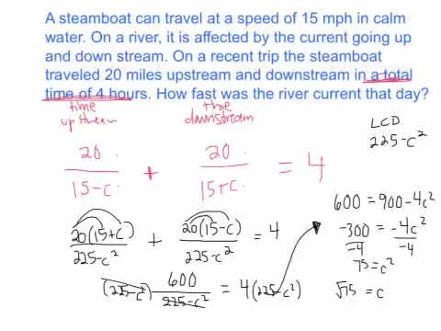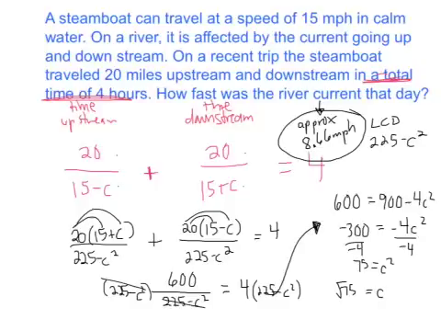You tell any steamboat captain that's how fast the current's moving, and they might not understand it, so let's give a decimal approximation. The river's current is approximately 8.66 miles per hour.